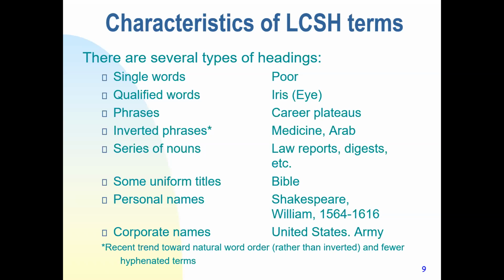Originally, this was done for collocation. So we could look under medicine and find the Arab medicine, the Chinese medicine, the Greek medicine, whatever we were looking for, right there all together.